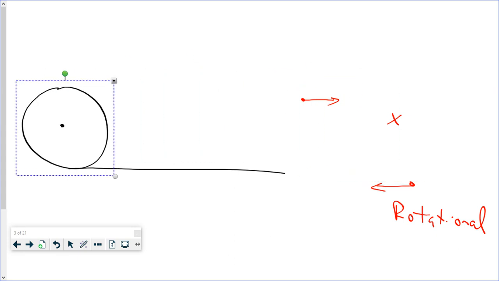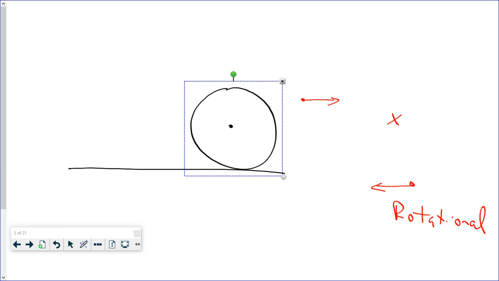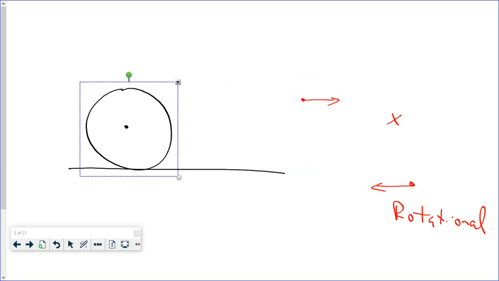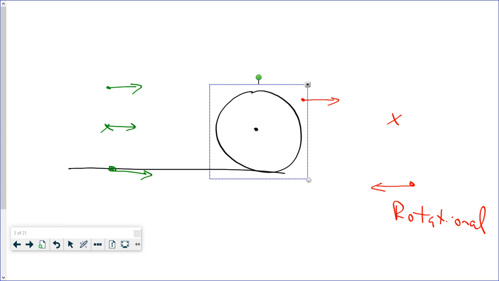And notice the important thing about it moving is that if you just look at the horizontal motion of the object, they're all the same. If you didn't consider the rotation, then the center of mass would be moving forward, the top of the tire would be moving forward, and the bottom of the tire would be moving forward, because everything is moving forward together, right?